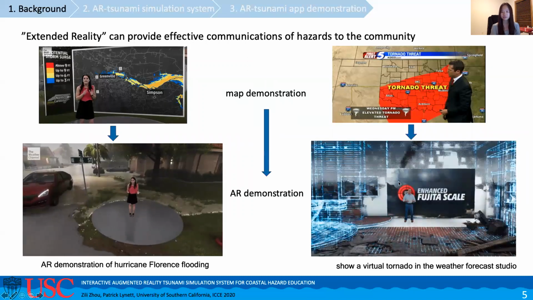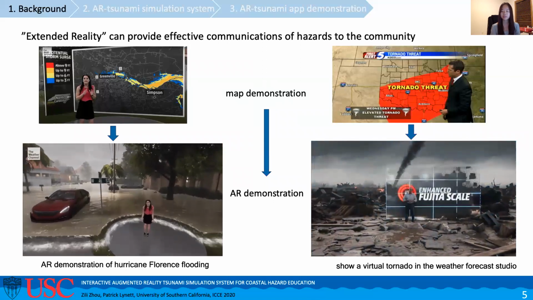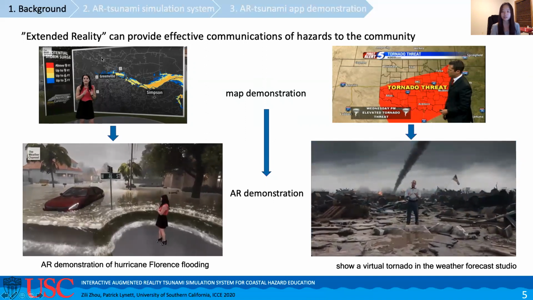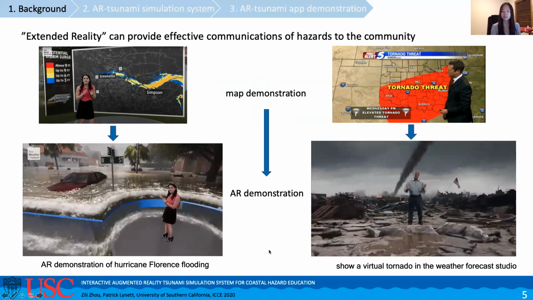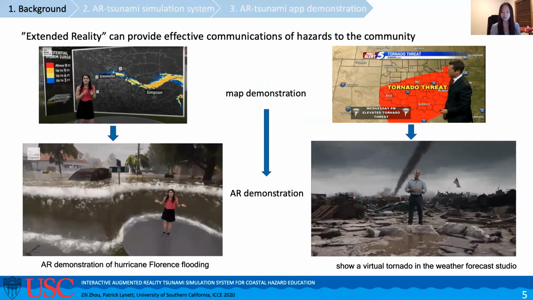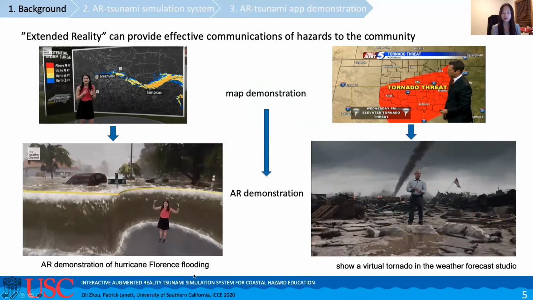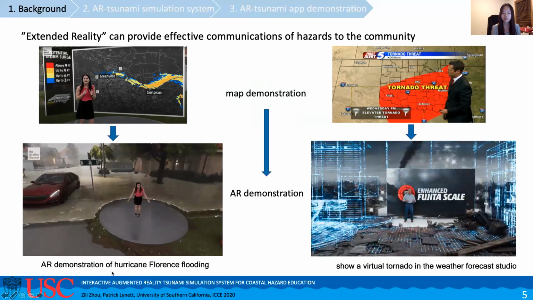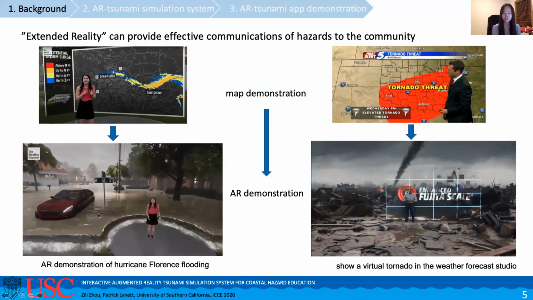But imagine a new, better way of visualizing weather patterns. If we use extended reality technologies like AR, augmented reality, the demonstration will leave an impactful impression. For example, in the left video, you can see that the Hurricane Florence is submerging a car.